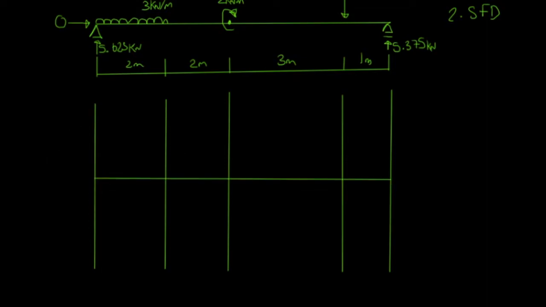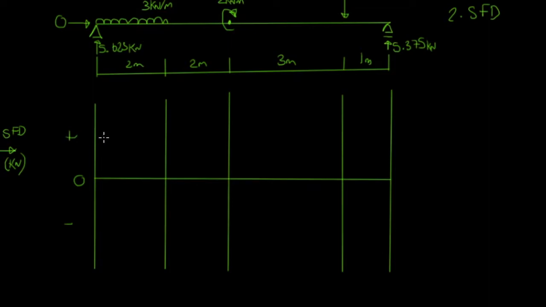and this is going to be the positive, and this is going to be negative, and this is 0, and we're going to work from left to right with our shear force diagram, and everything here is going to be in kilonewtons.